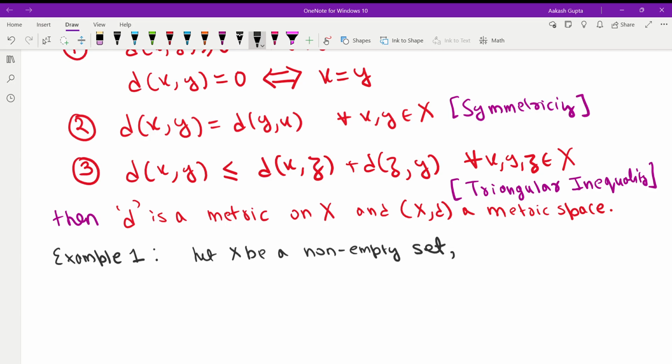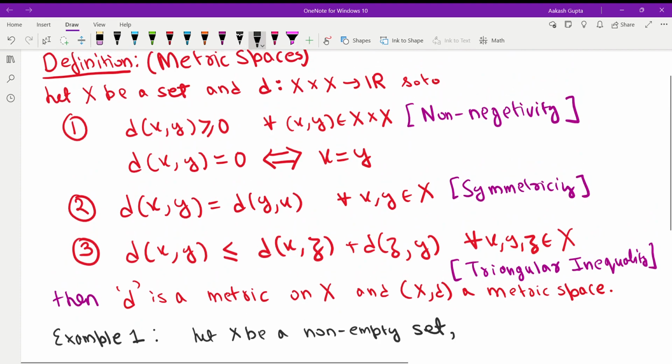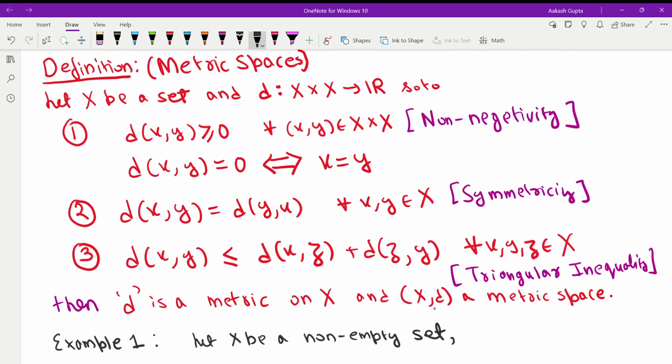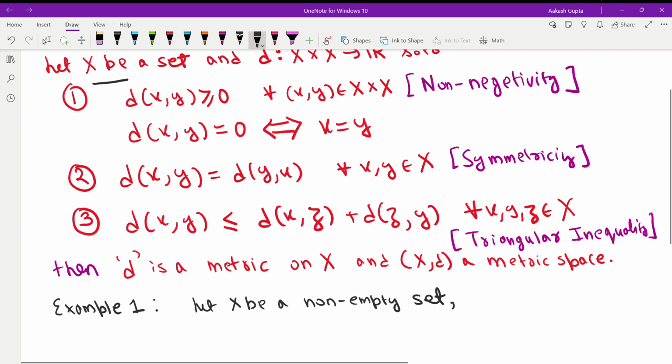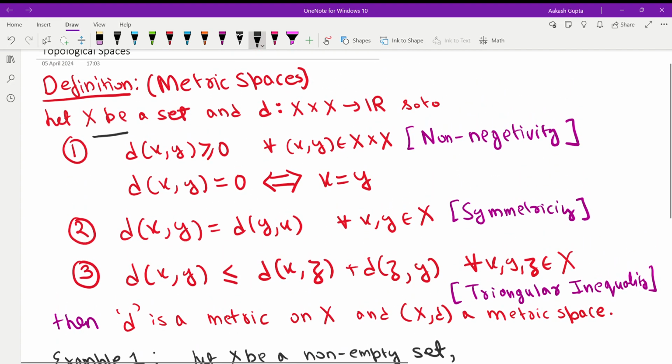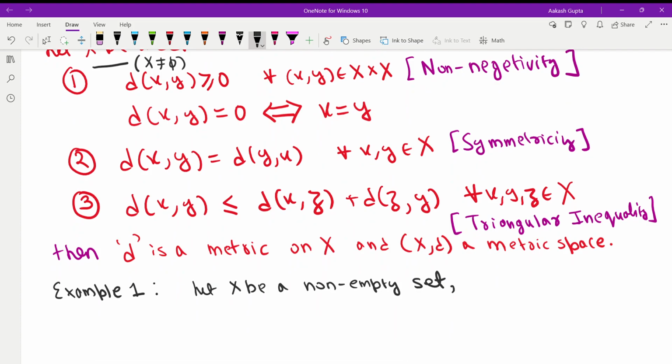Someone may ask why I haven't mentioned X to be non-empty in the definition. It's fine, you can mention it, because if X is empty these things become a triviality, as there is nothing in that set. So you can write in the definition that X is non-empty.